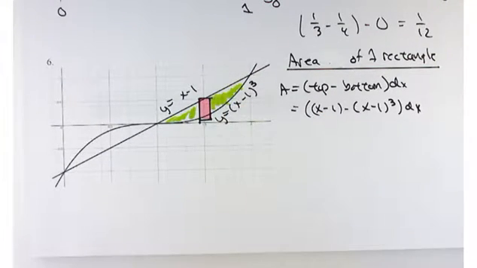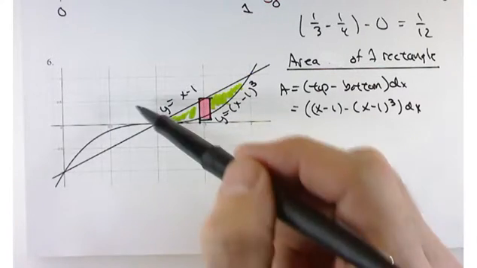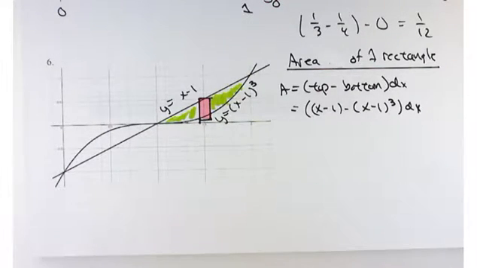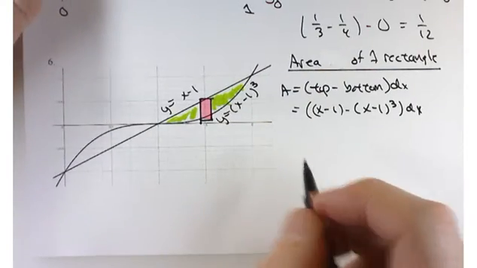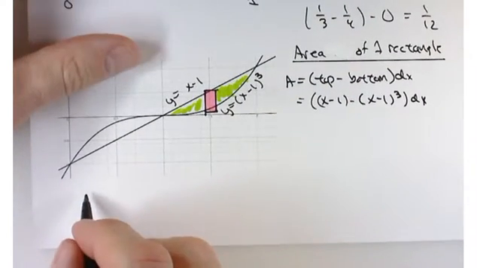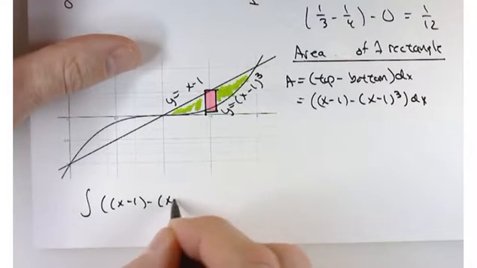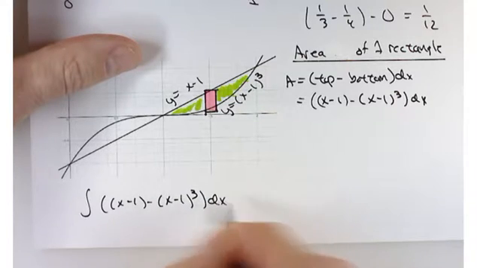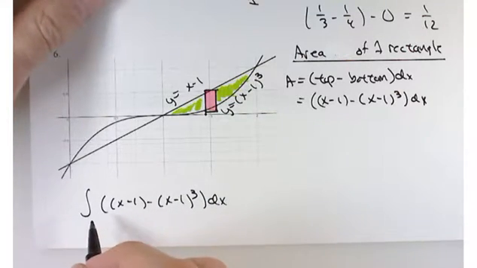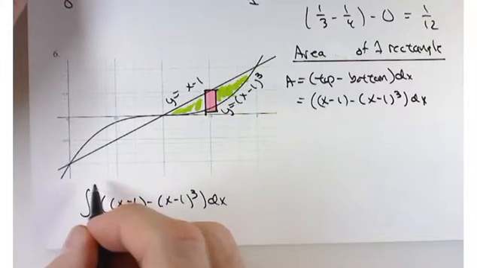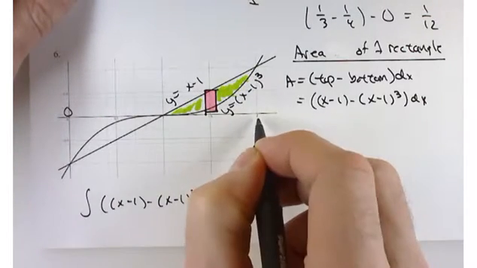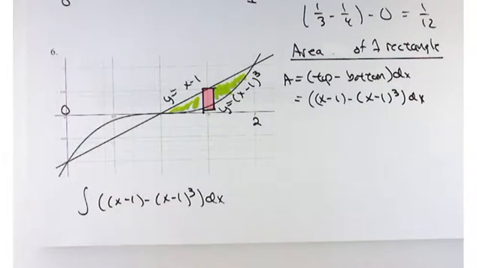Now, if you weren't careful in paying attention to the fact that the roles of top and bottom function changed, then you're going to get something very interesting happening with your area calculation. So if I just naively integrated x minus 1 minus (x minus 1) cubed dx from, say, 0 to 2, so here's 0, here's 2, if I did that, then I'd end up with 0.